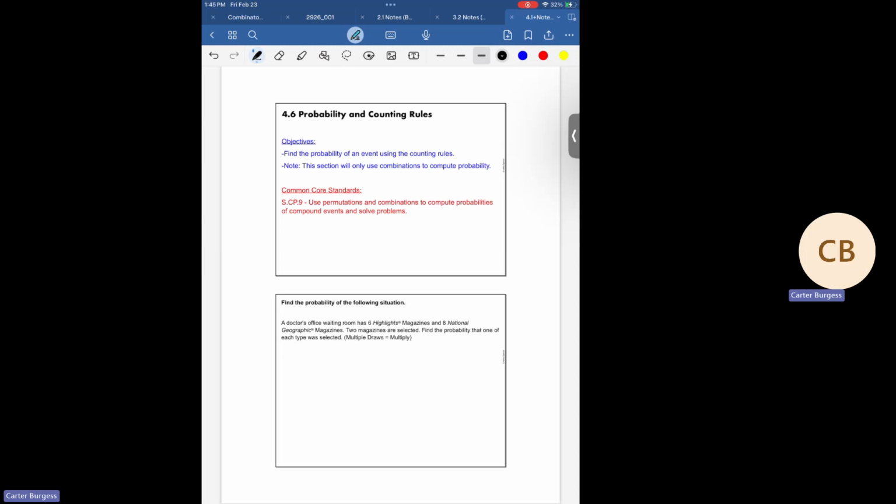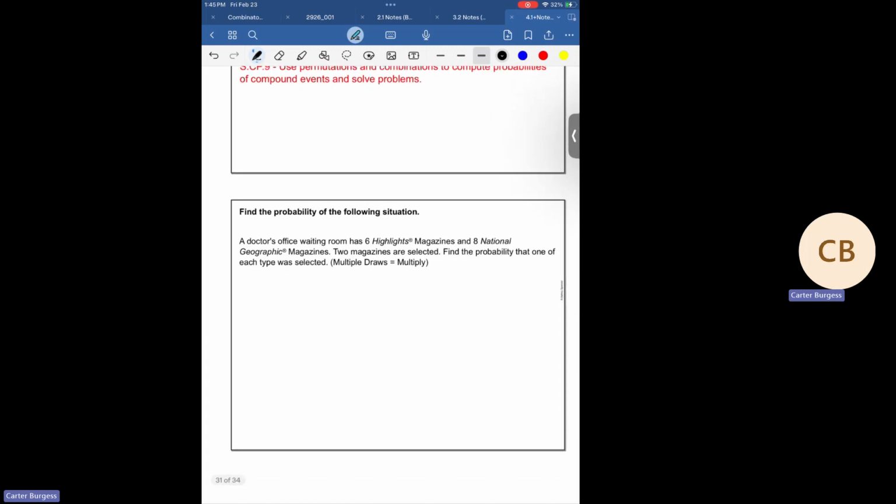Okay, so looking at our first example here, we're told that a waiting room has 6 Highlights magazines, 8 National Geographic magazines, and we are selecting 2 of them. Pausing here. From this setup, do we feel like the order in which we are choosing the magazines is going to affect the final result? Probably not, right?